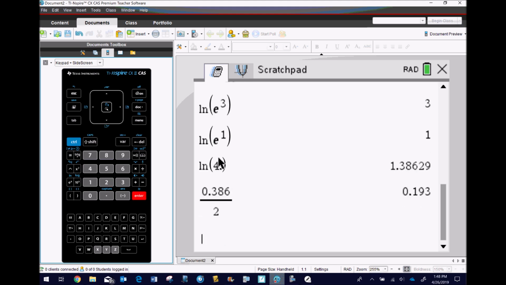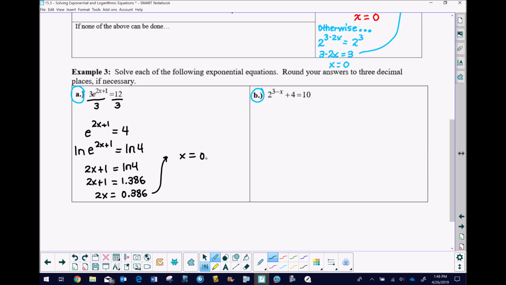So if we want to take that into our calculator and get 0.193, there's nothing wrong with that. Now, the mathematician in me wants to erase this equal and put an approximately because I have rounded this answer. I'm not going to scrutinize whether you use an equal or an approximately, guys. But that's what you're going to do to that particular problem.